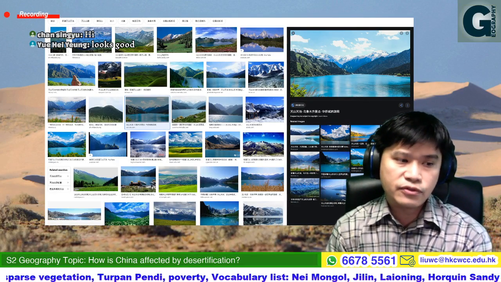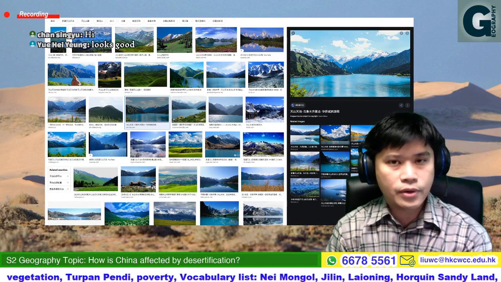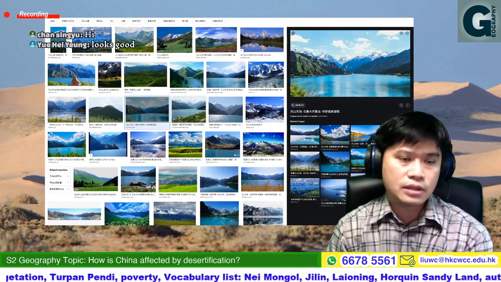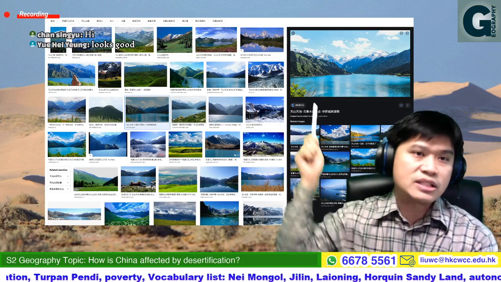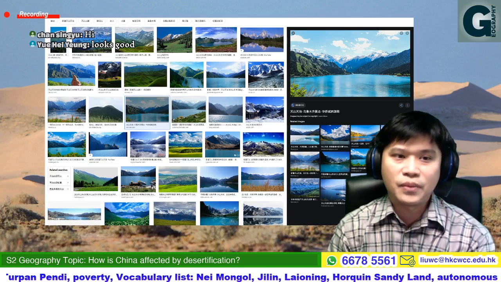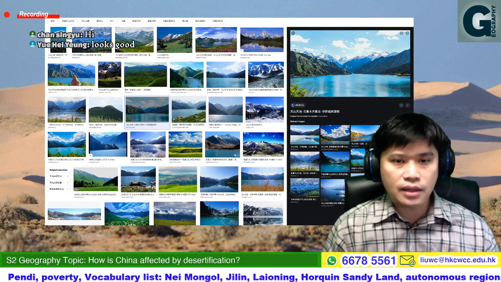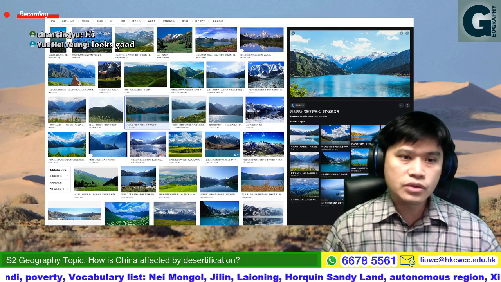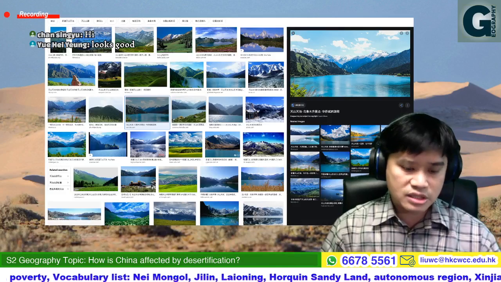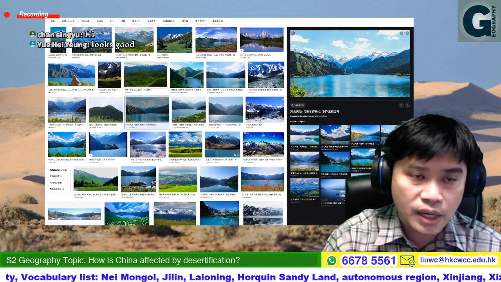The full name, if I remember correctly, is Tianshan Tianchi. So that is a lake, and people call it Tianchi, like a lake in the heaven, as the landscape there is very beautiful. That is at the Tianshan mountain.